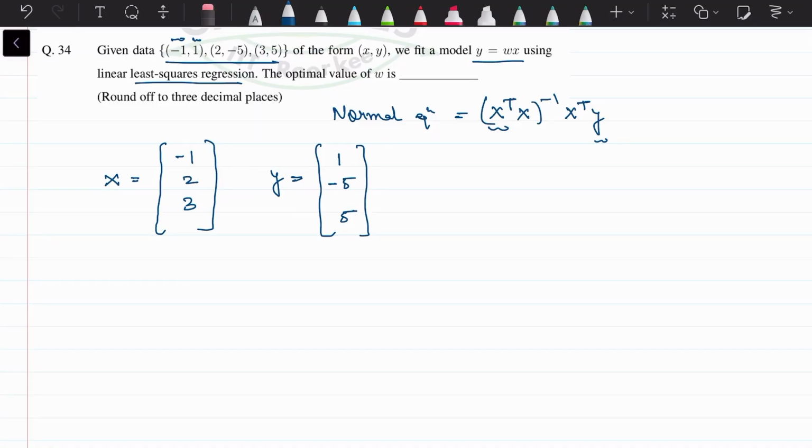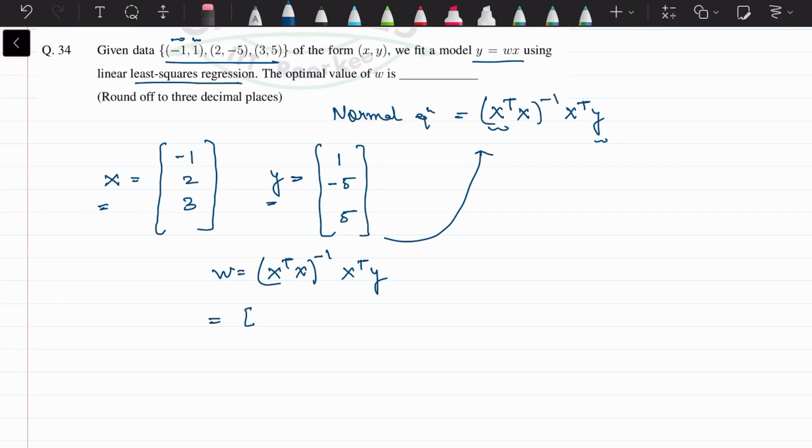These are our labels. And now we can use this x and y and put into the normal equation to get the w. So w is given by (x transpose x) inverse x transpose y.